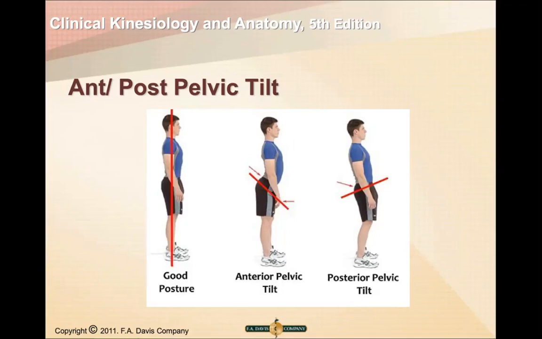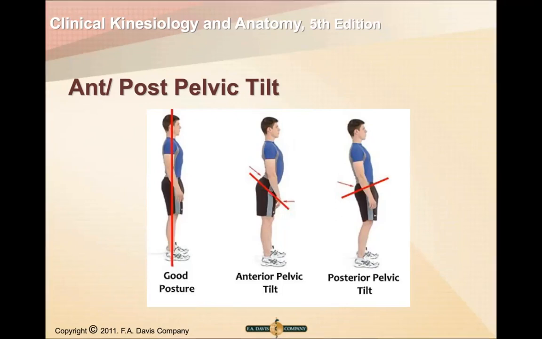Well, if you have an anterior pelvic tilt, that means that your ASIS is down lower than your PSIS. That means all your cereal is going to spill out the front of your bowl.